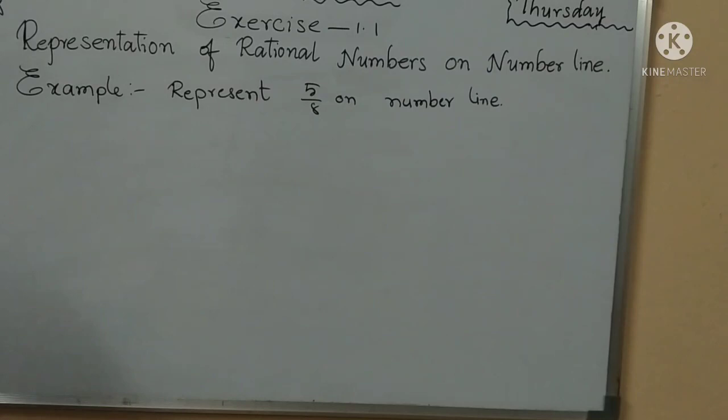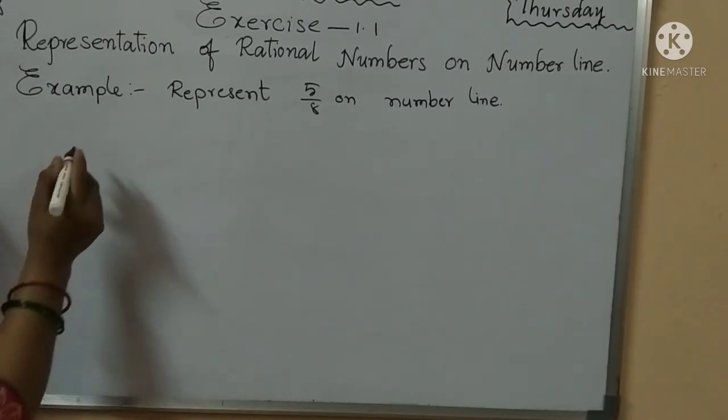Dear students, I give one example here. Represent 5 by 8 on number line. First we have to take the rational number 5 by 8.